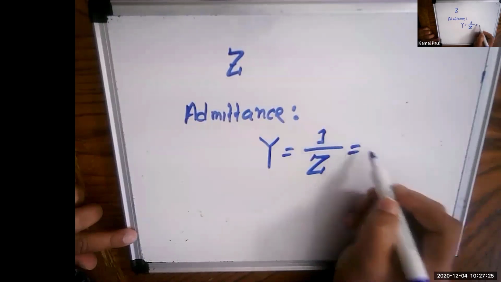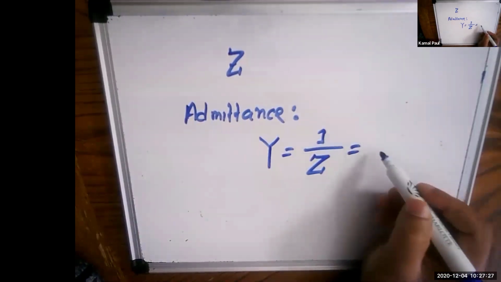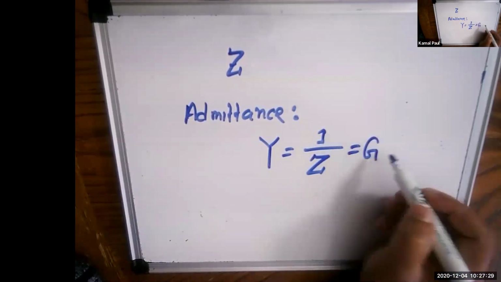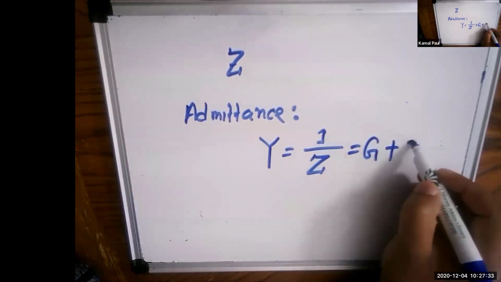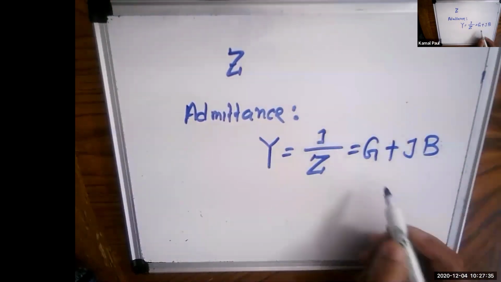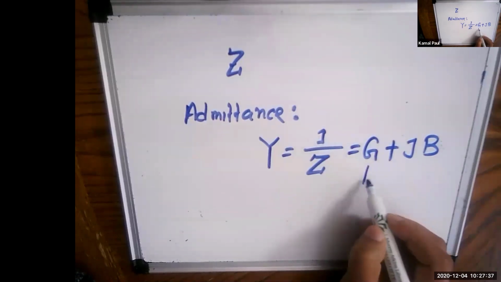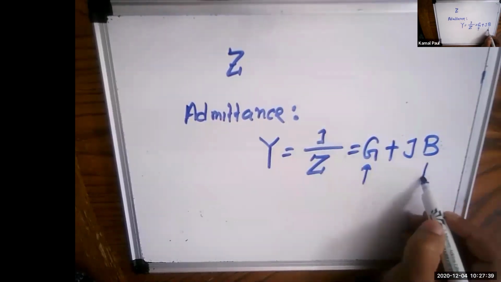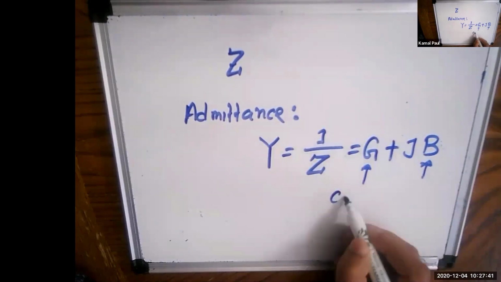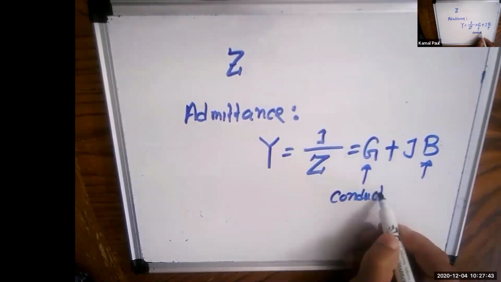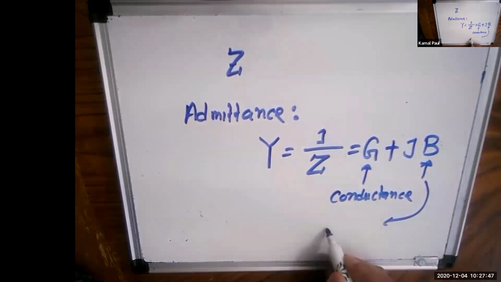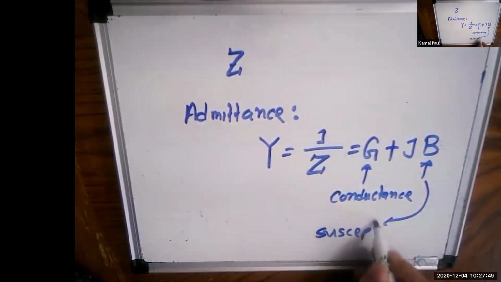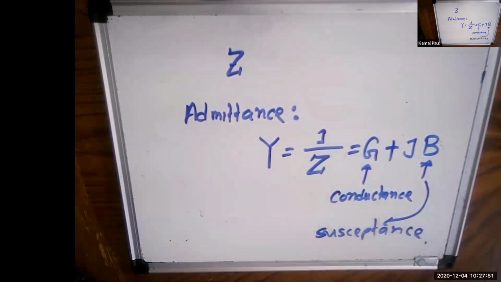Now this one we sometimes express in a different way, G plus JB. We call this one conductance and this one susceptance.